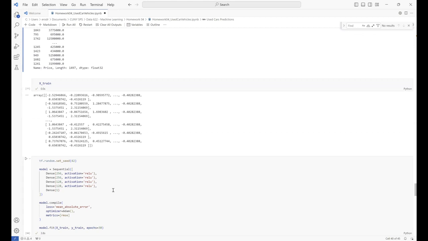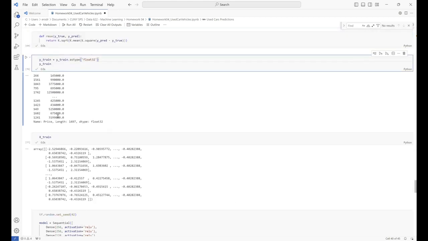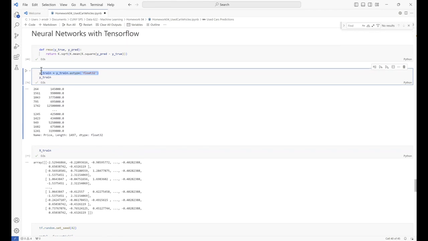And a quick little item that threw me off was, for whatever reason, when you input your X and Y values for the neural networks, they have to match. So I had to change this Y train variable here. It was originally an integer value, and I changed that to a float.